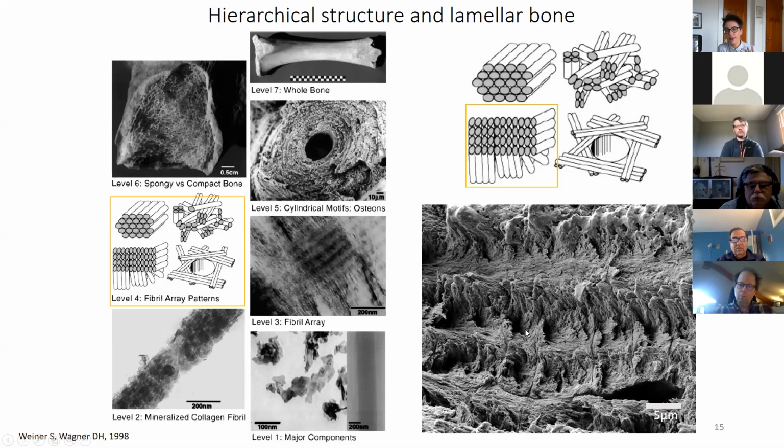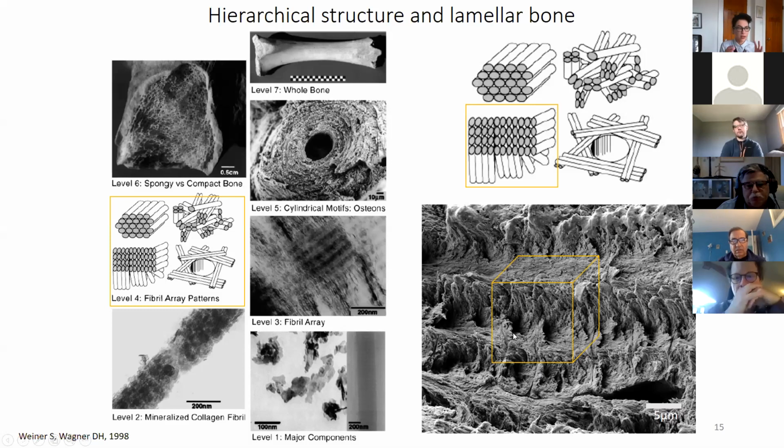The structure repeats itself with a period of about 3 to 5 microns. There are also cells residing in this extracellular matrix, and they communicate with each other through channels. Here would be the cell, and the communicating channels would be, if you can see my arrow, going through the mineralized matrix.